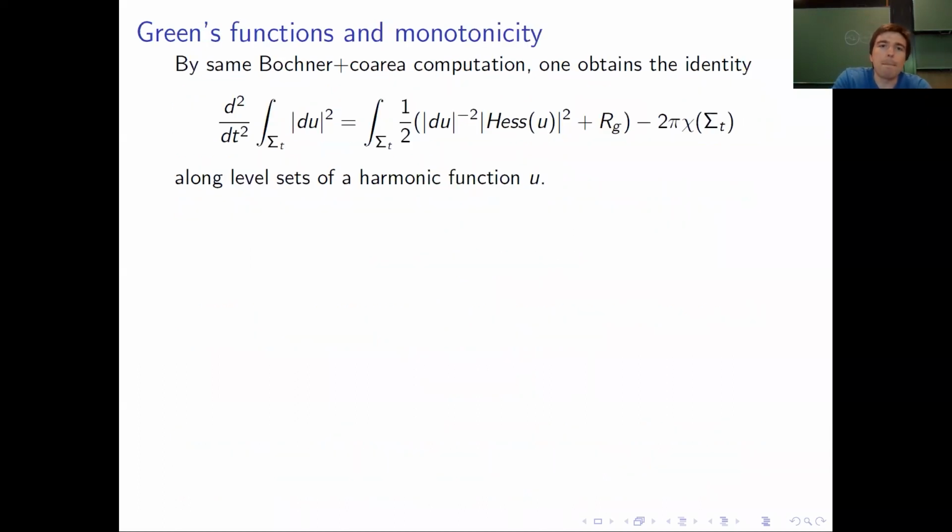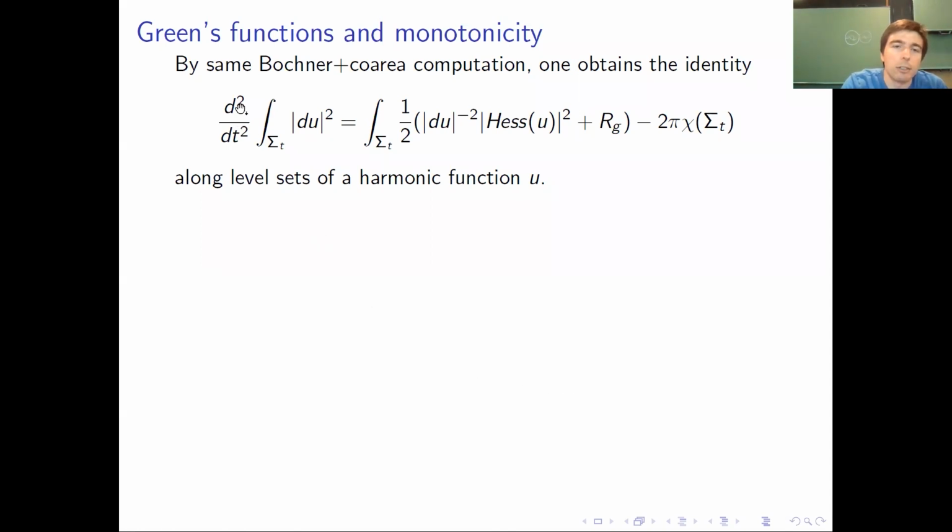So there's something kind of strange there. All right. So another interesting direction people have looked at is monotonicity formulas. Okay, so by the same Bochner and co-area computation, if instead of integrating over some whole domain, you integrate over the region between 2 level sets that are close together and take the limit, you see the following.